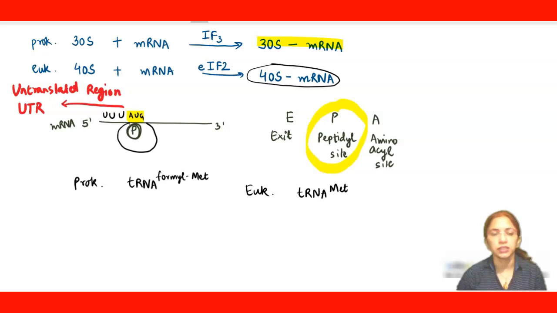Okay, so this transfer RNA, here again we'll be talking about 2 steps. So this is our prokaryotes, right? 30S was already united with the messenger RNA. Now this will unite with transfer RNA, and that has brought formylated methionine.